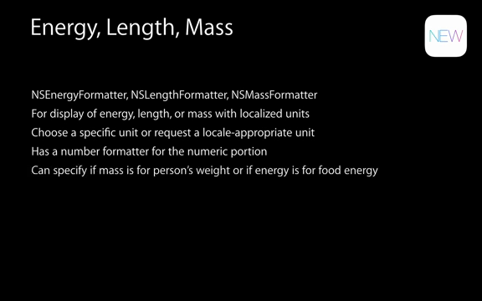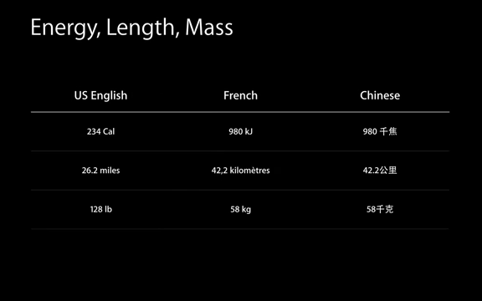And there's a special option you can check if that mass is particularly for a person's weight, or if the energy is particularly for food, because there may be particular standards for displaying those. So here are some examples of that in various languages. You can see that the units vary, and for the numbers, you can choose an appropriate format.